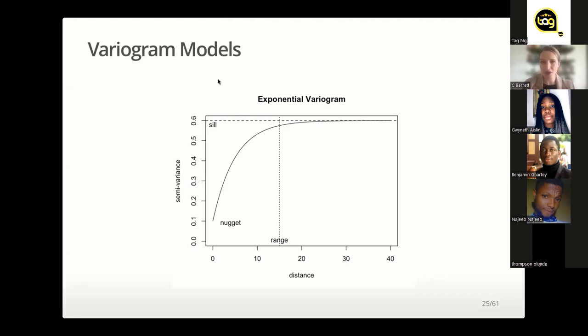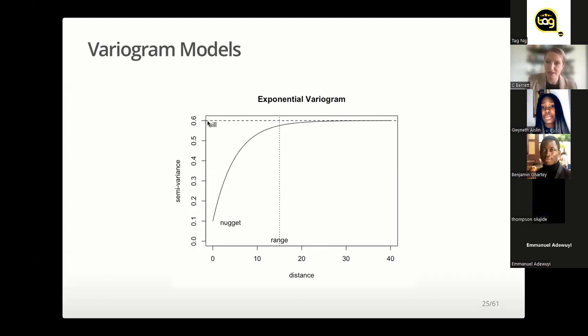So we have what's called variogram models, where we say, well, I think that as the points increase in distance away from each other, the variance is going to increase, but it's going to level off at some point. And these are common terms that are used in spatial modeling.